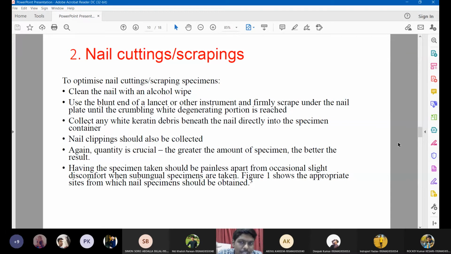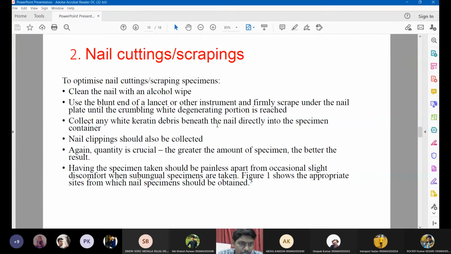Obviously, it is connected to the skin, right? So a small amount of skin keratin can also be taken for getting very good growth in the lab. So along with the nail sample, we need to collect the keratin which is present beneath the nails.